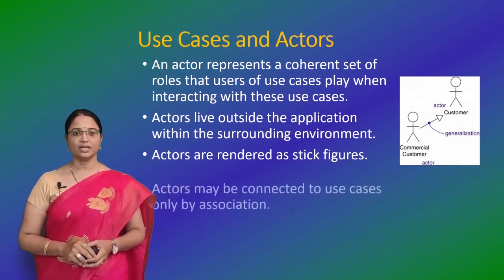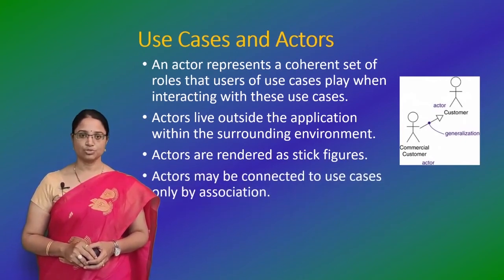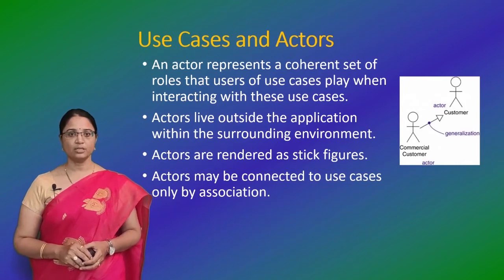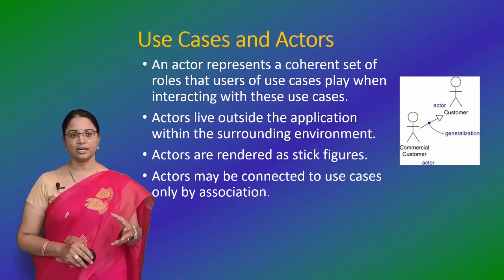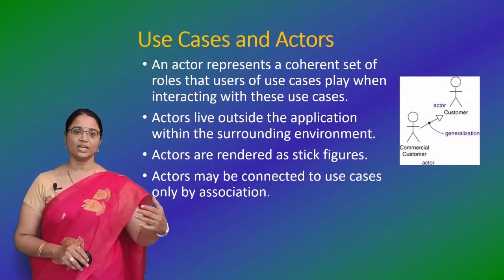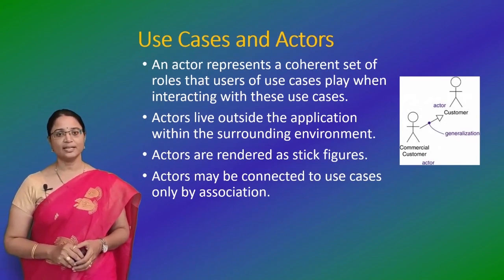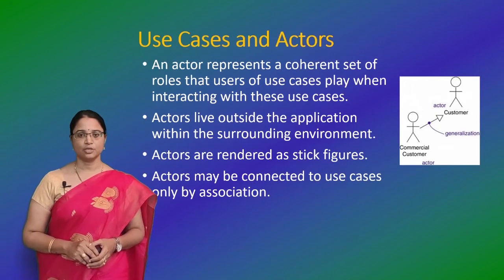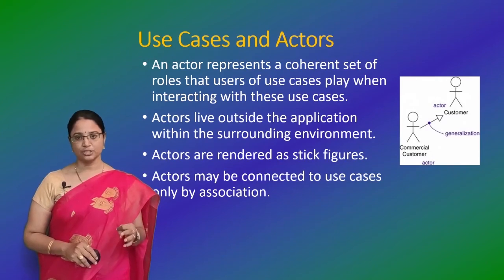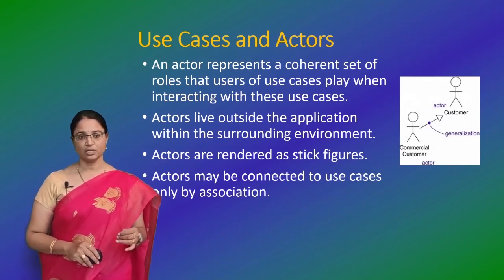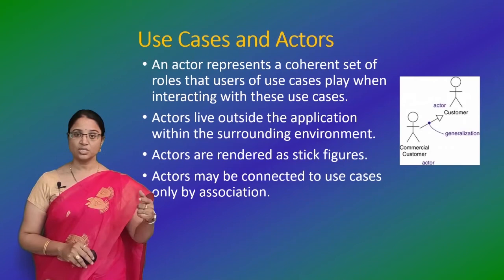Actors may be connected to use cases only by association. This is one of the important points. An association between an actor and a use case indicates that the actor and the use case communicate with one another, each possibly sending and receiving messages. We have seen that there are four types of relationships: dependency, association, generalization, and realization. Dependency is a using kind of relationship.